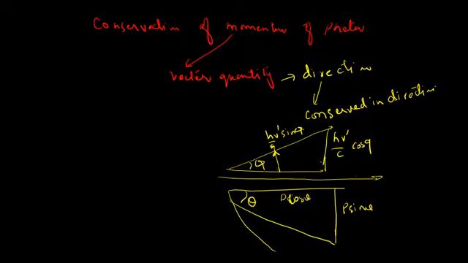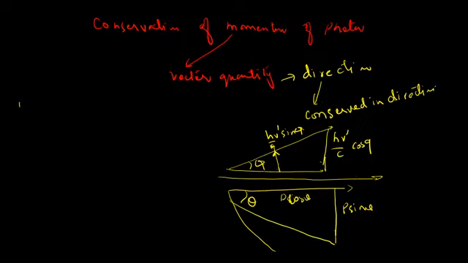So the directions we choose here are the original direction of the photon, and the perpendicular direction. The momentum must be conserved in the horizontal and in the perpendicular direction.